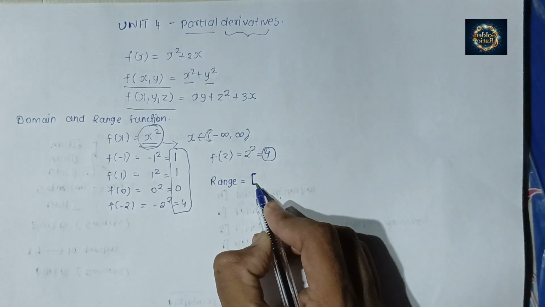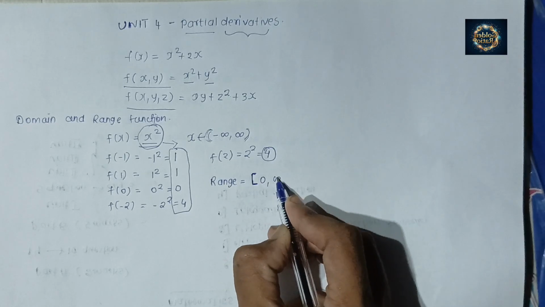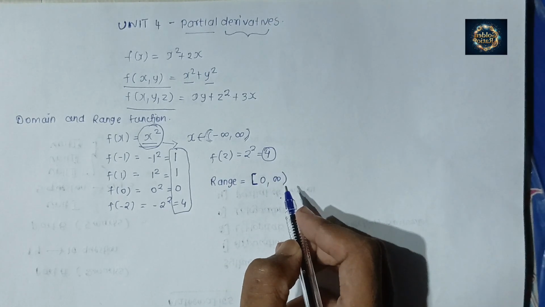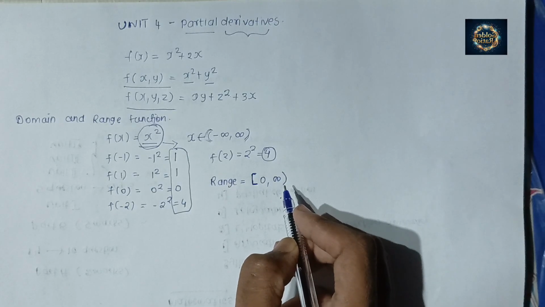Closed interval means that the endpoint is included. So 0 is included, going up to infinity. I am using the open interval for positive infinity, because I don't know where exactly it stops.